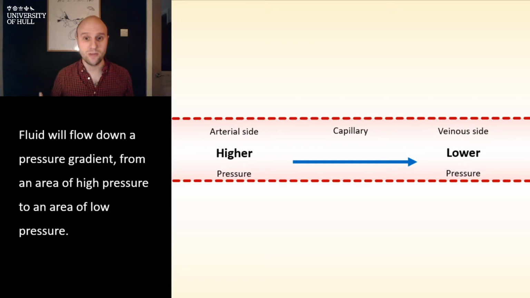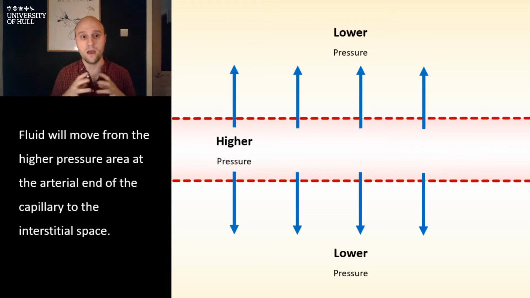And as we've just mentioned, fluid will flow from an area of high pressure to an area of low pressure. And just as that occurs between the arterial and the venous end of the capillary, a similar thing will happen between the higher pressure area within the capillary, mainly at the arterial side, and the lower pressure area in the interstitium. And so we'll have a movement, due to this pressure, of water or fluid from the intravascular space into the interstitial space.